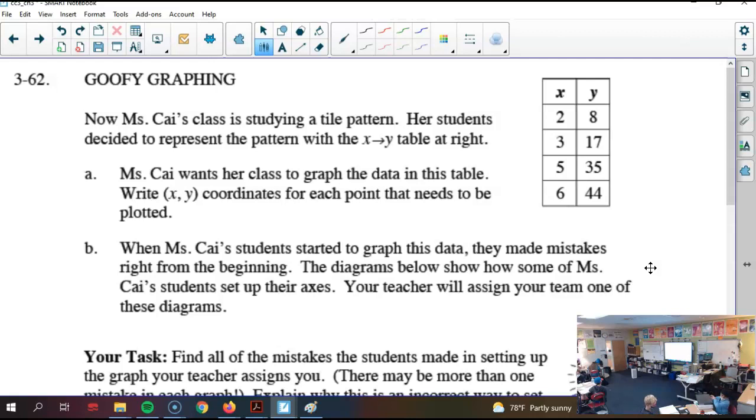Make a guess of why that student did that. Yeah, so go and write that down. That's why it's broken, right? So if you were the teacher trying to give feedback to these kids who made some messed up graphs.